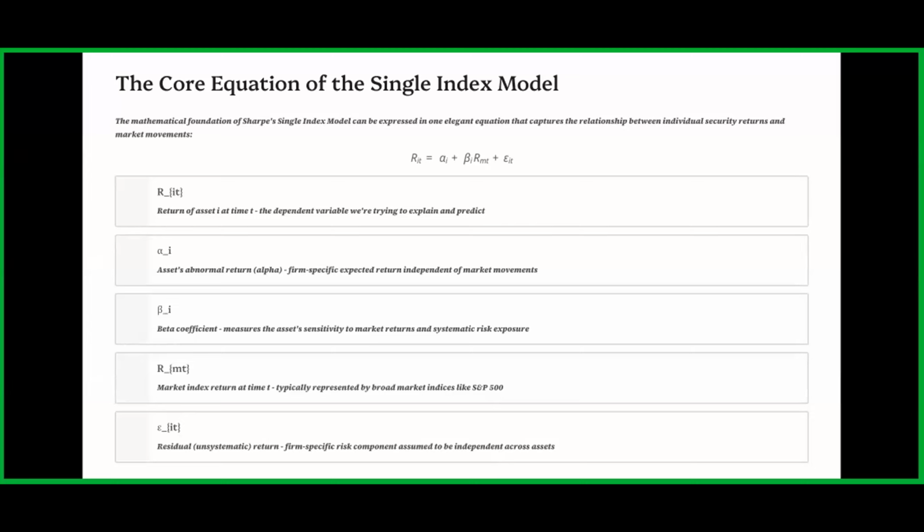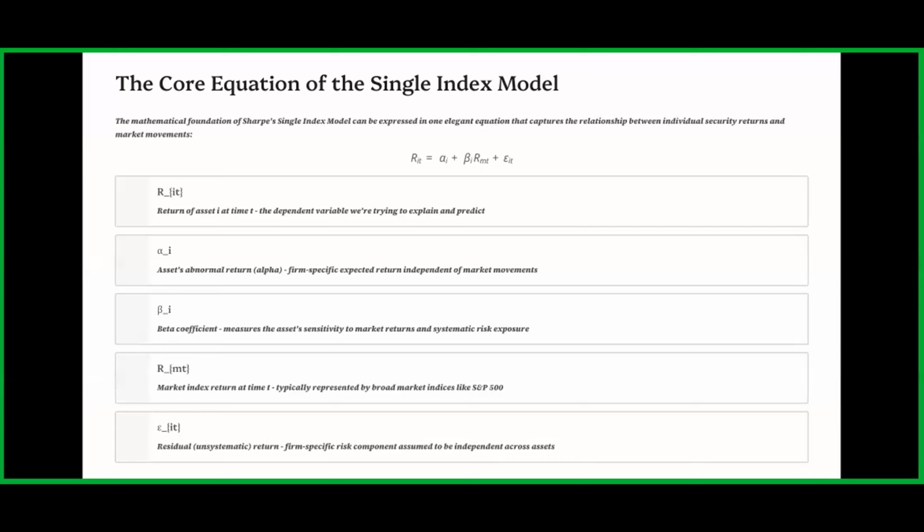If I want the return after 5 years, then t is the time period. So i means the company, and t is the time period, which may be 5 years or 10 years. What returns will I get after that time period, and for which company?